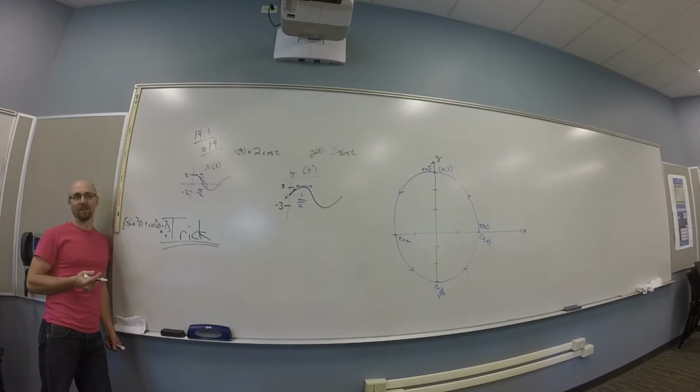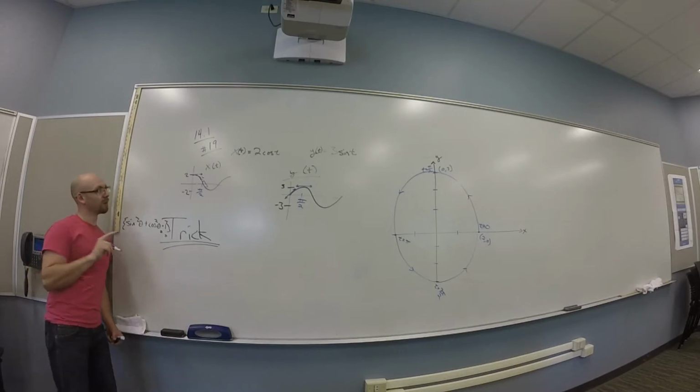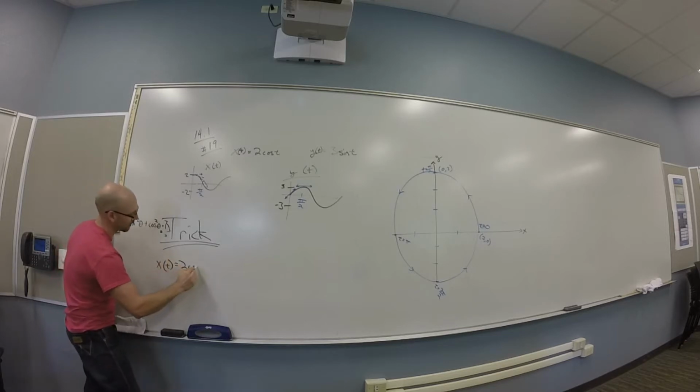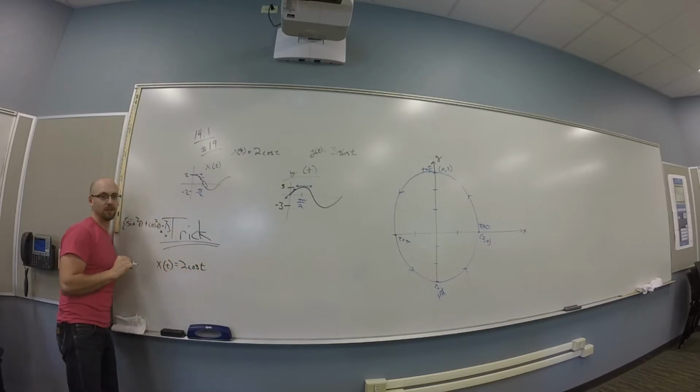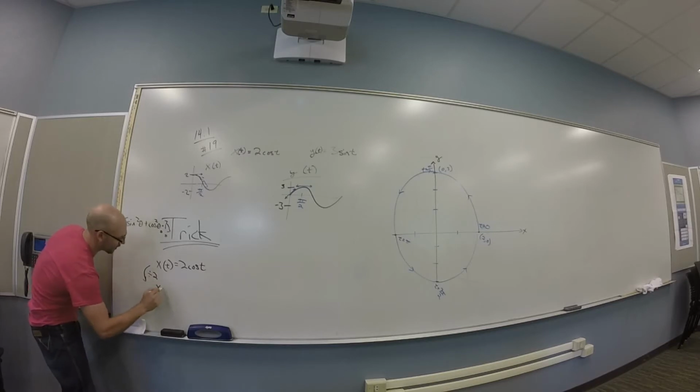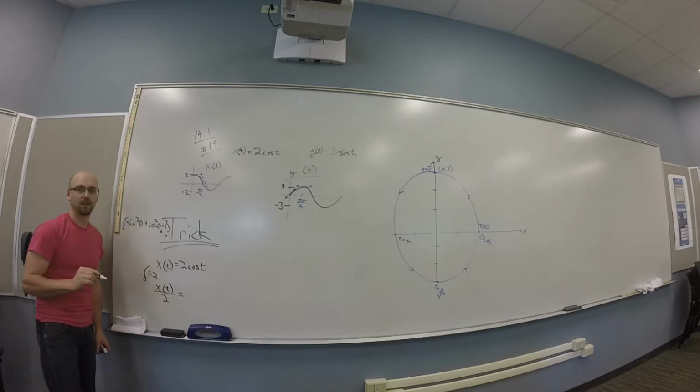Okay, so what I'm going to do is take my original equation. I got x of t is 2 cosine t, right? Divide by 2. So you'll get x of t over 2 is cosine t.